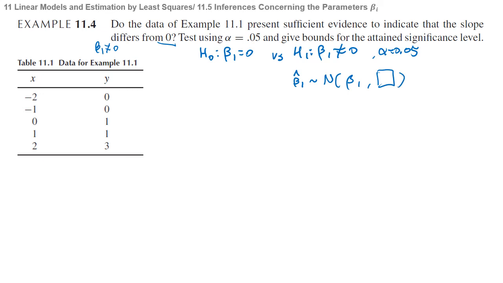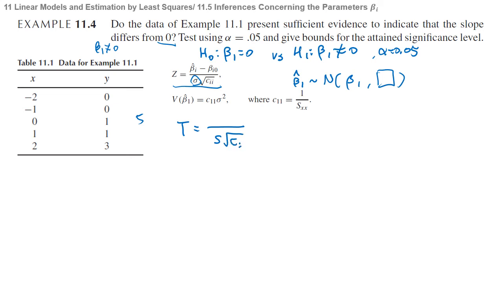It doesn't depend on the sample size. From the previous slide, we derived that the variance component is this, and this will follow the normal distribution. However, since we only have 5 samples, we will use the t-distribution and replace sigma with s divided by the square root of Sxx, and beta 1 hat minus 0. So we will use this t-statistic for our test.